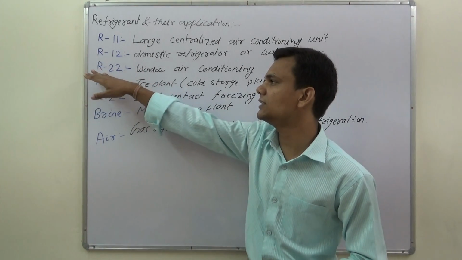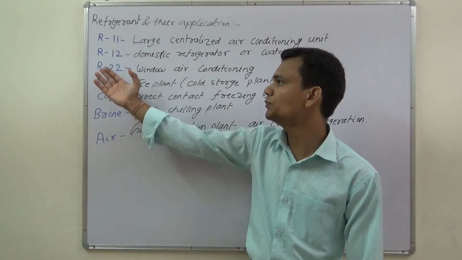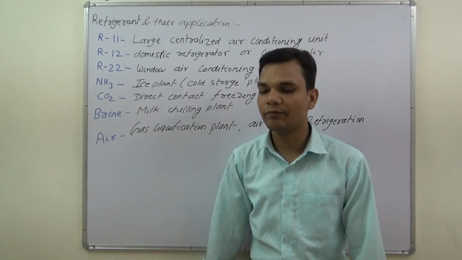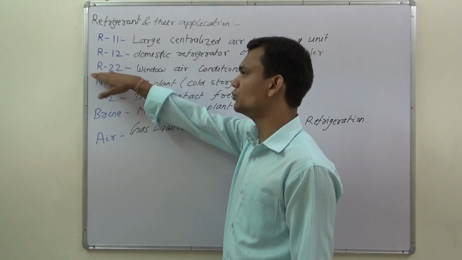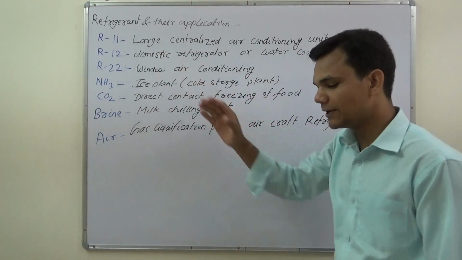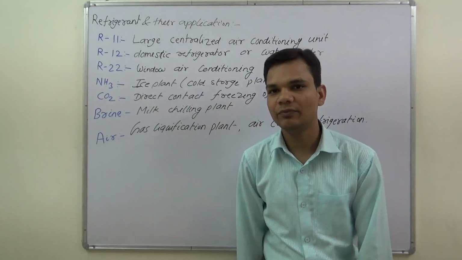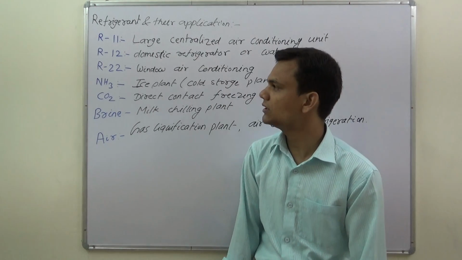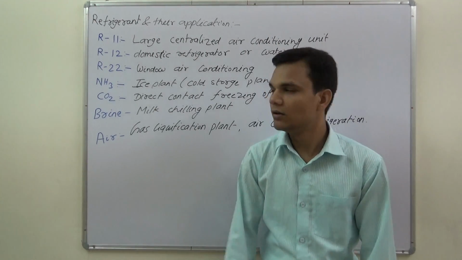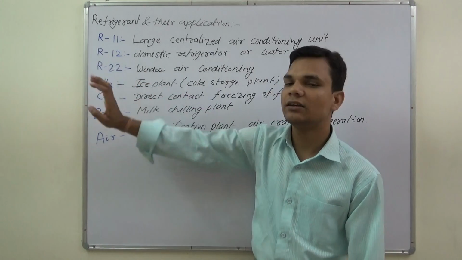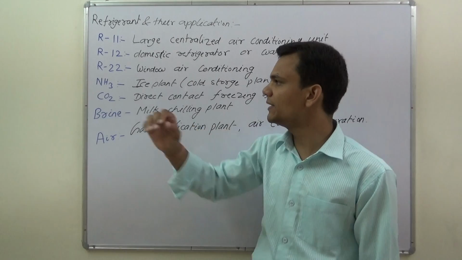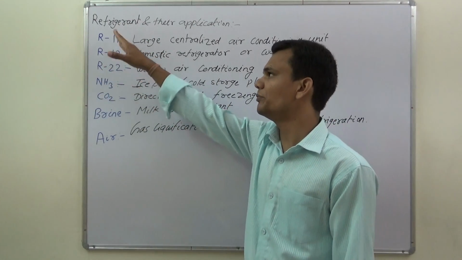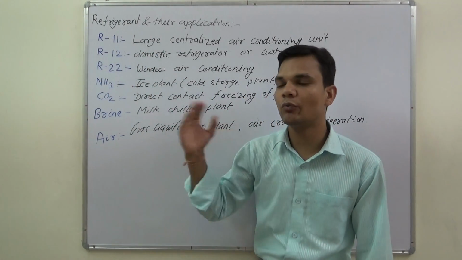And the third one is R22. R22 is used in window air conditioning. All window air conditioners commonly used R22, but at present we prefer R134a for this purpose because R22 contains a chlorine element which depletes the ozone layer, so we are replacing it with eco-friendly refrigerants.